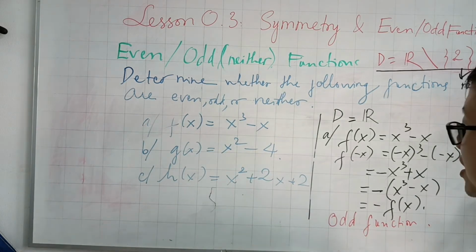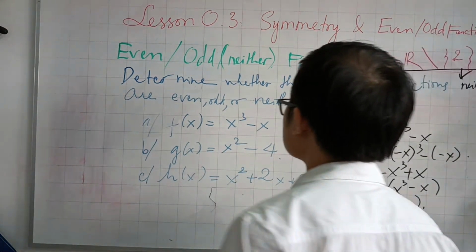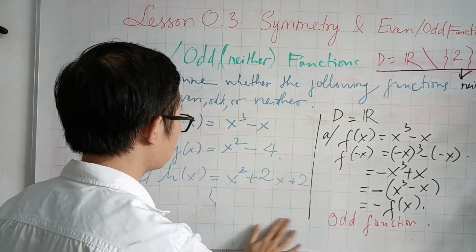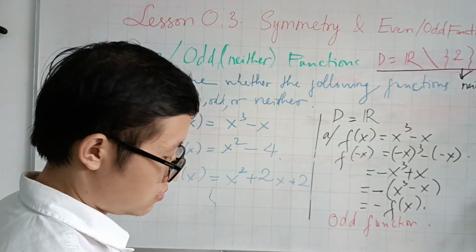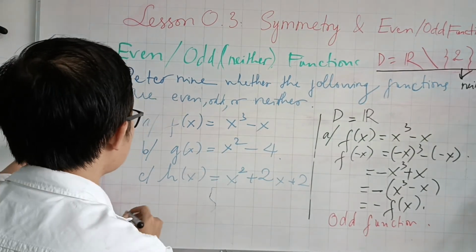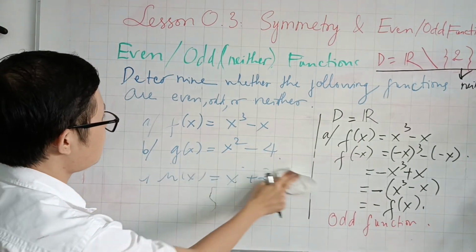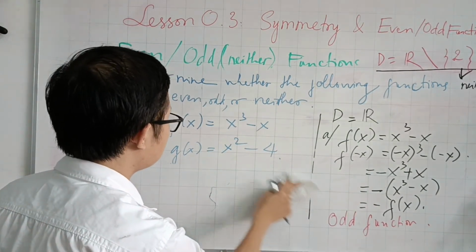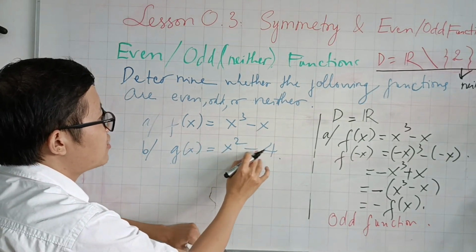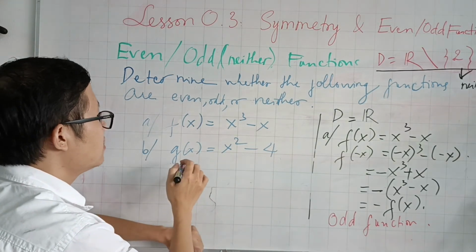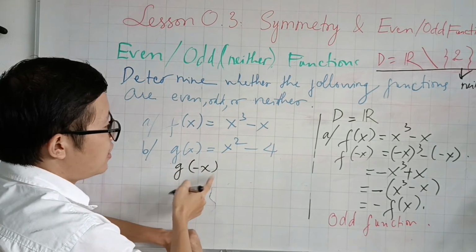We move to question B. g(x) equals x squared minus 4. You will replace x with negative x.